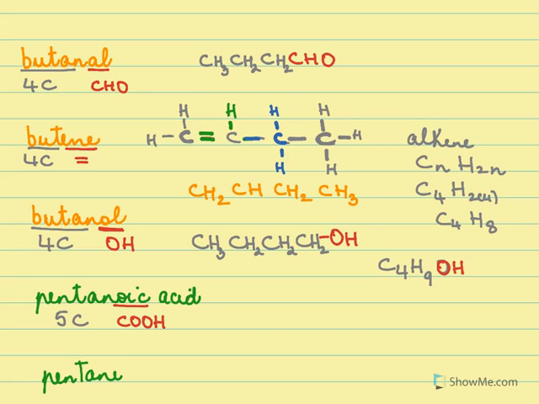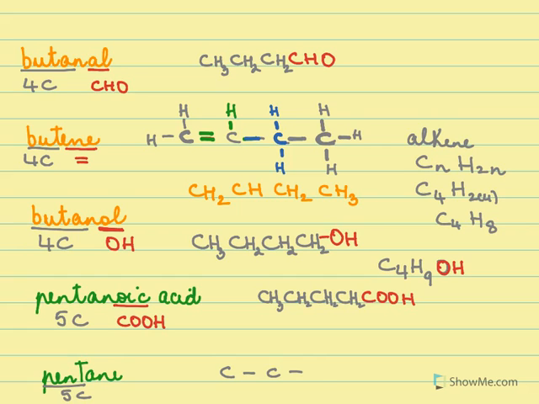So, first we write COOH because it is oic, it is acid. And to this we add 5 carbons. 1, 2, 3, 4, because the 5th carbon is already there in the functional group. We have CH3, CH2, CH2, CH2. This is pentanoic acid. Next is pentane. Pentane means 5 carbon.